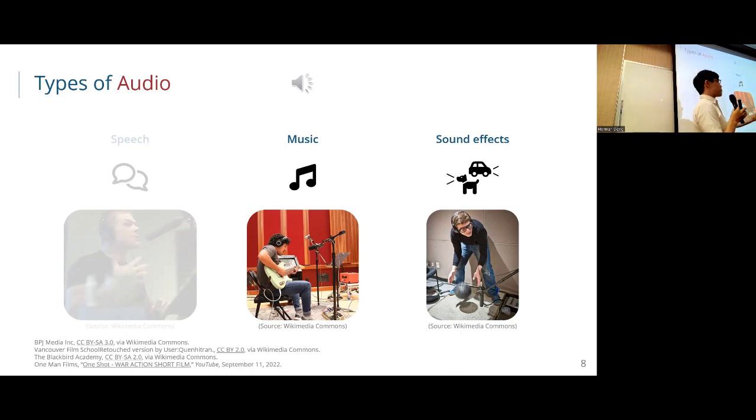So in professional film production, the sound effects are actually not recorded in real life. When you are filming the movie, you actually discard all the audio that you record at the site. And so there's a job called Foley artist.